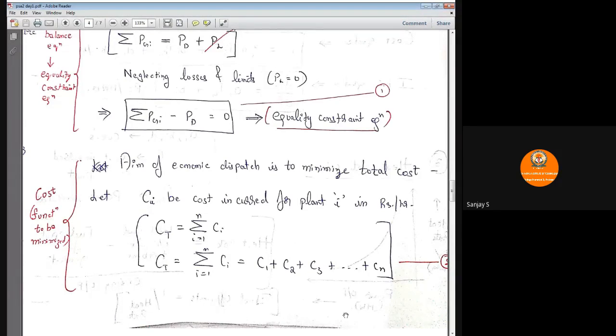In the next step, we try to rearrange this equation. If you rearrange this, you have summation PGi minus PD is equal to 0. And we call this equation the equality constraint equation. Then after this, we talked about the aim of economic dispatch, which is to minimize cost.